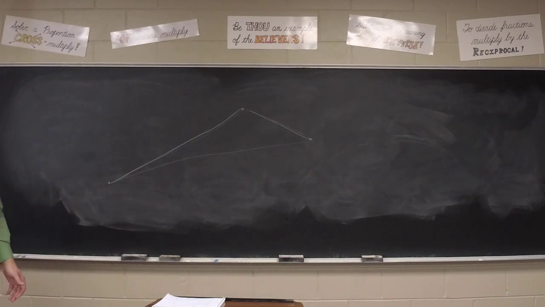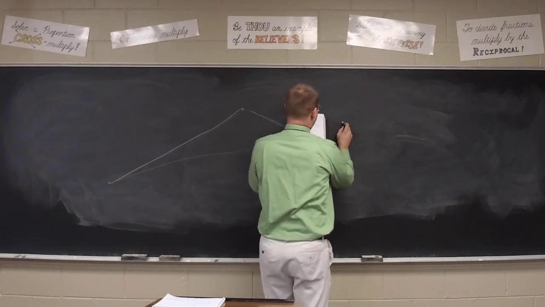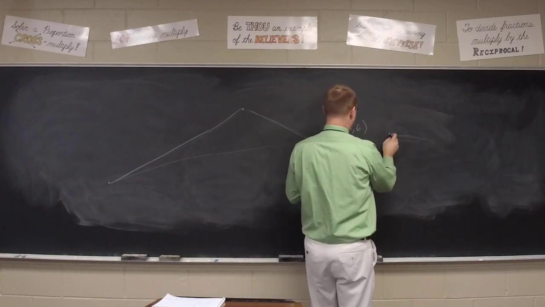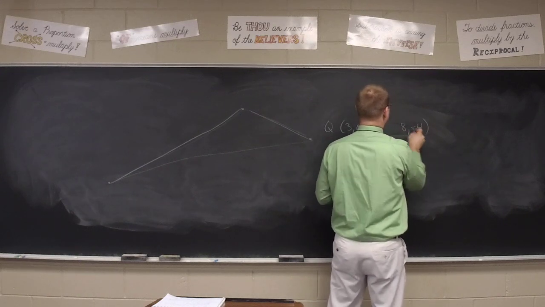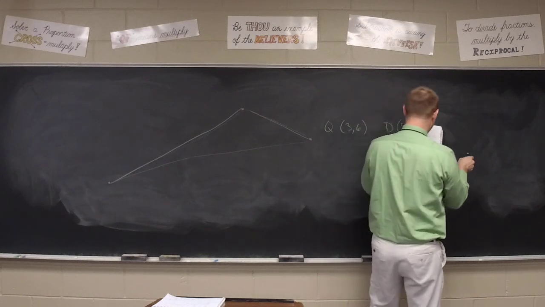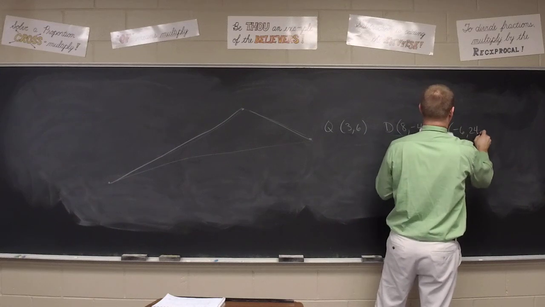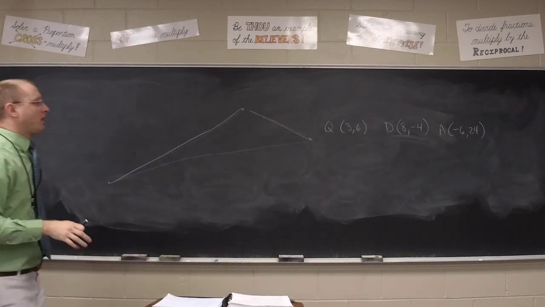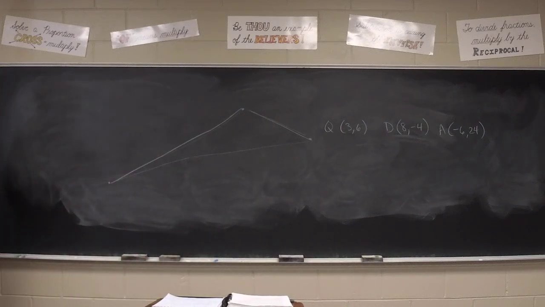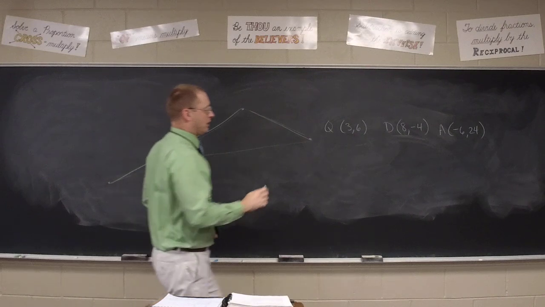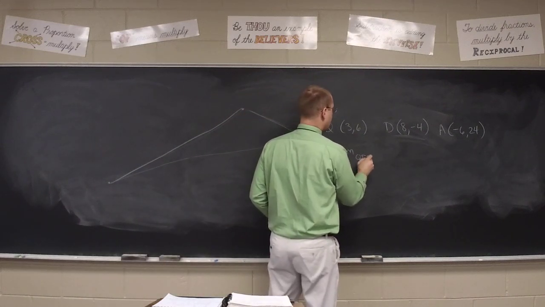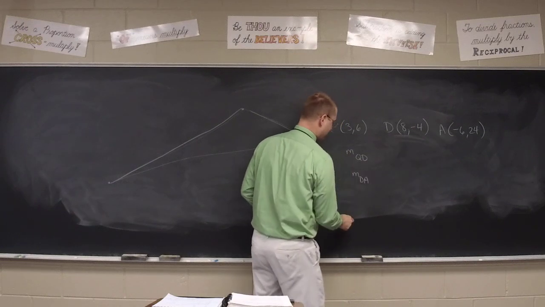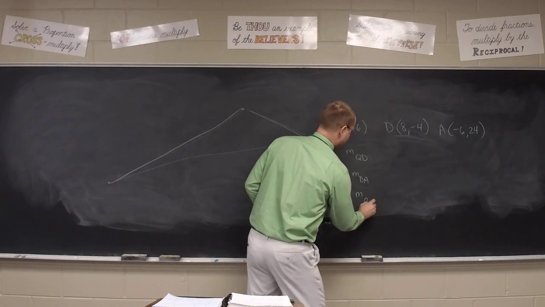So given those 3 points, (3, 6), which we'll just call Q as a random letter, (8, -4), maybe name that one D, just to be random, and (-6, 24), A, why not? Let's find the slopes of our 3 lines: QD, and DA, and QA.